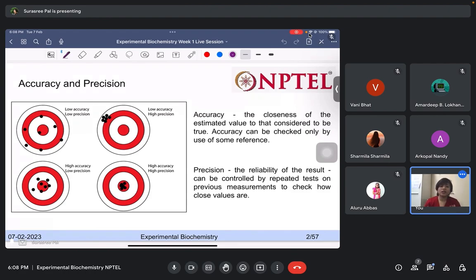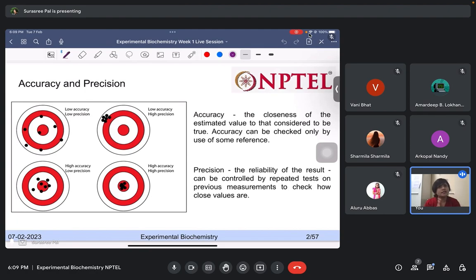While we are measuring these parameters, it is important to keep in mind that these measurements have to be accurate and precise.